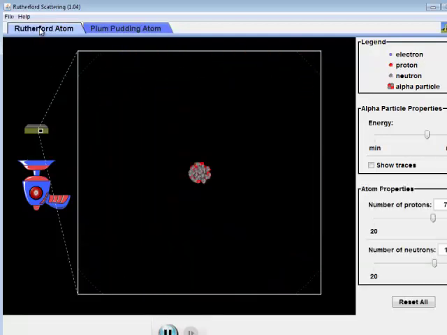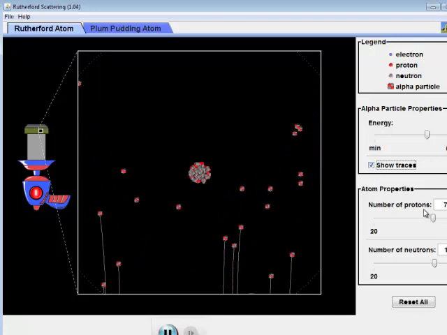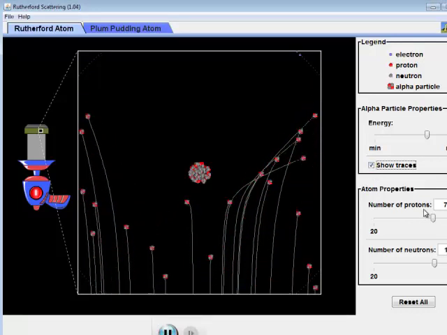But instead, this is the way it looks. Here's the nucleus, and the electrons are way out here, and if the alpha particles come relatively close to the nucleus, they are of course being deflected by the Coulomb force in all kinds of directions, such as showing here.